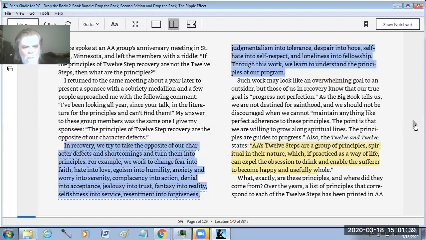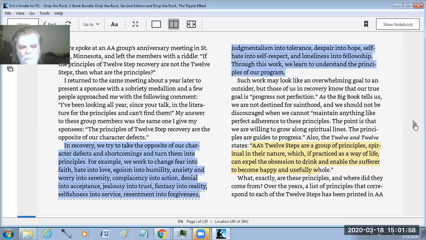My answer to these group members was the same one I gave my sponsee. The principles of 12-step recovery are the opposite of our character defects. In recovery, we try to take the opposite of our character defects and shortcomings and turn them into principles.